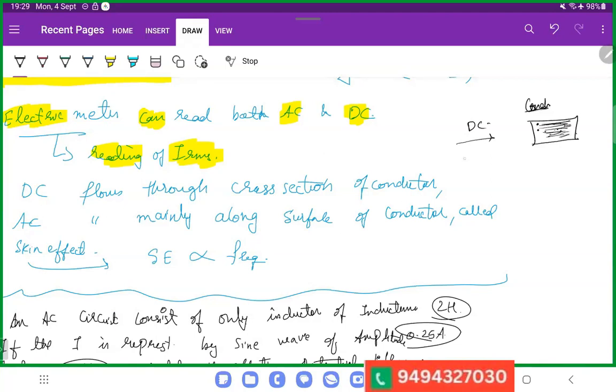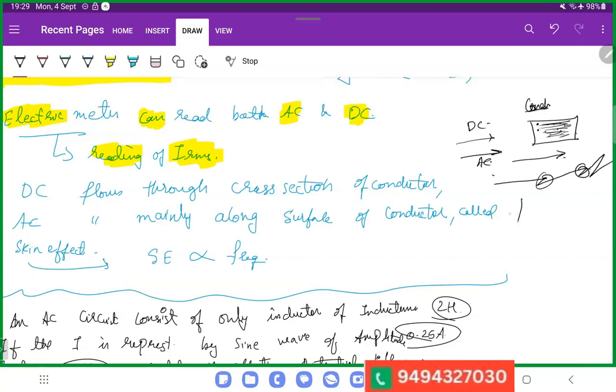Now if I pass an AC current, what generally happens? When a charge particle moves here, it alternates. In DC, it is just moving in a straight, normal path, direct current. But in AC, it moves front, fluctuates, again moves front, fluctuates, and so on.